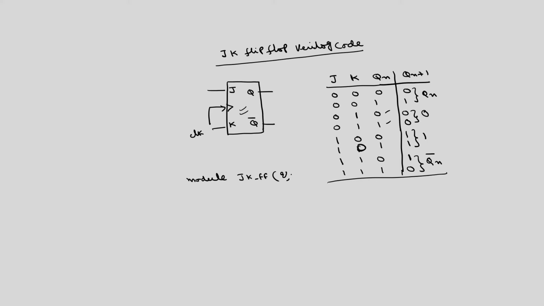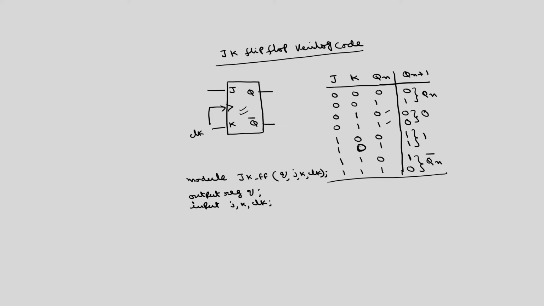This is the output, the inputs are j, k, clock. The output also we have to declare as a reg, because this is the target output. Input j, k, clock.